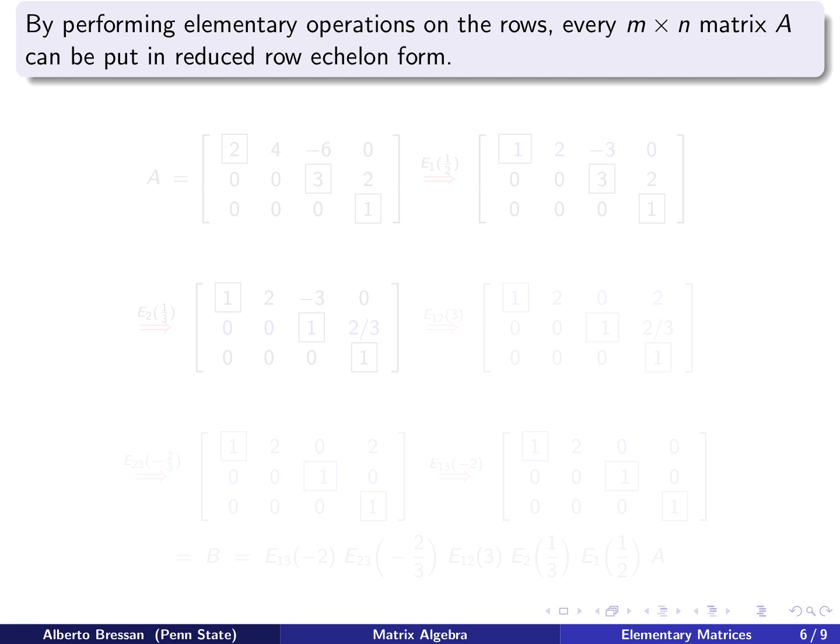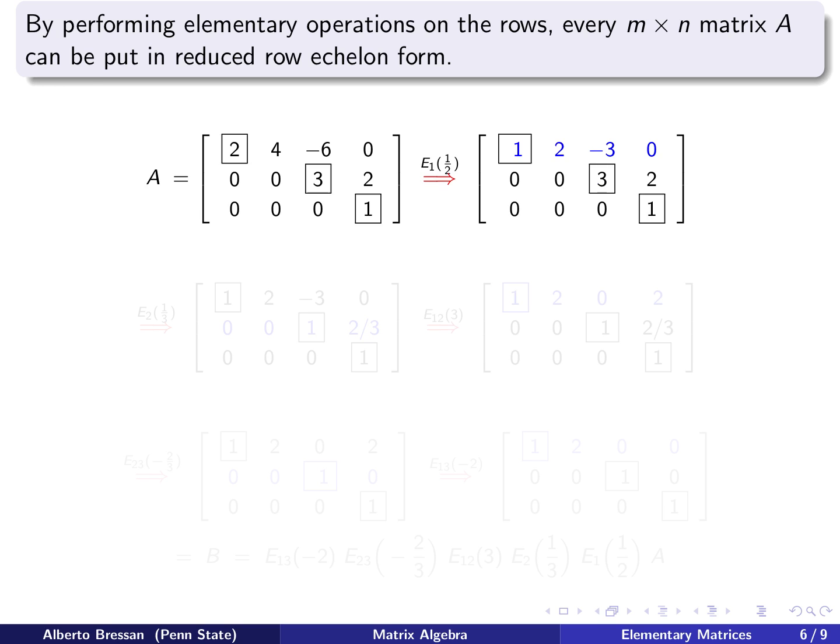So we see that if we can perform elementary operations on the rows, those 3 types, then every n by m matrix can be put into reduced row echelon form. From what we have learned so far, that's exactly what we are performing in order to solve the matrix A. Let's take an example.